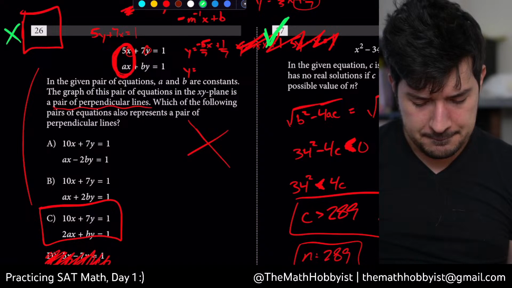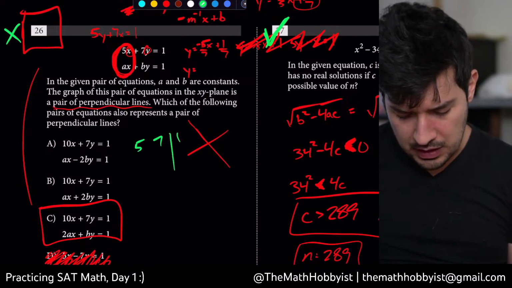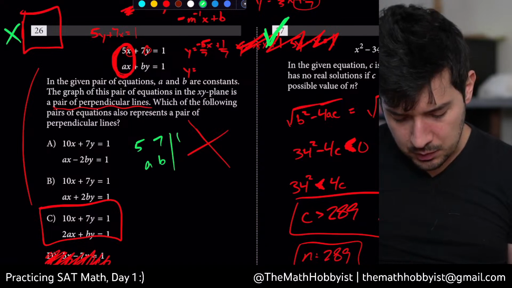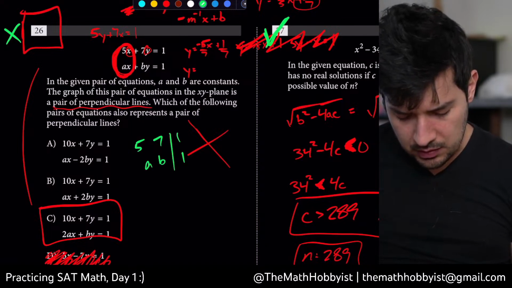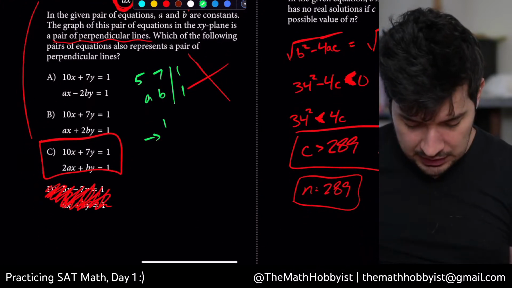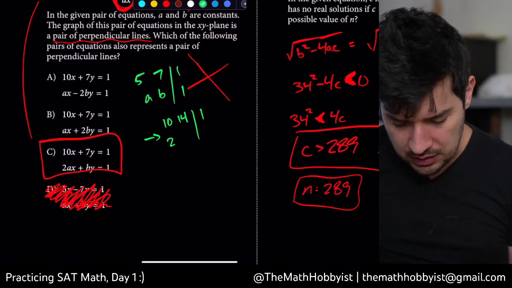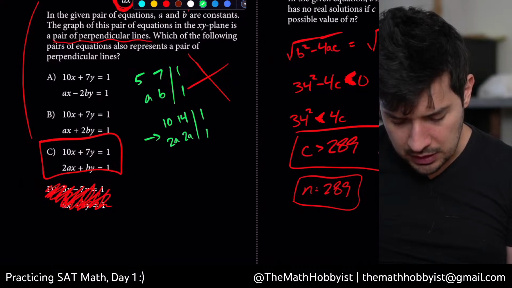Because I see a matrix, 5, 7, 1, and A, B, 1, right? So you can do transformations to that matrix. I was expecting something like 10, 14, 1, and 2, 2A, 2B, 1.